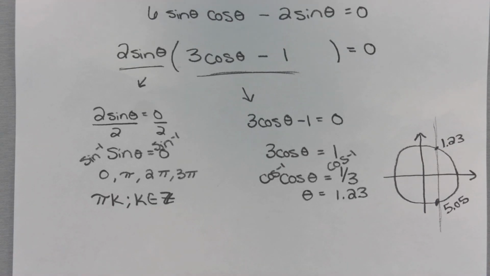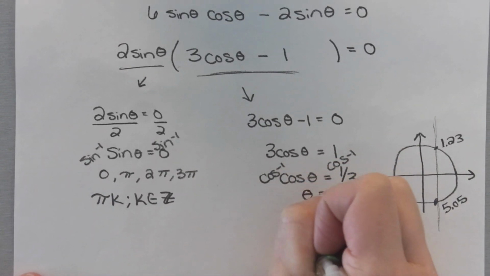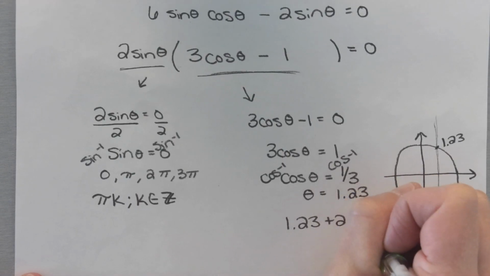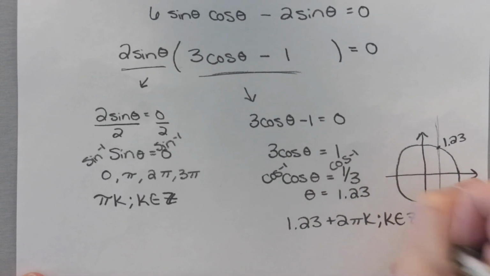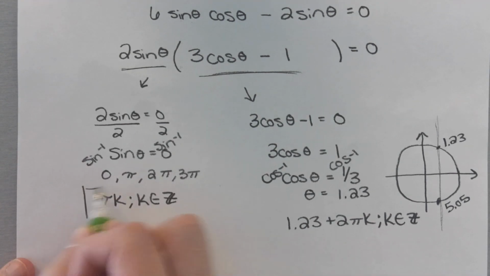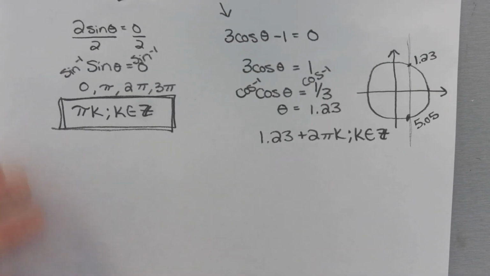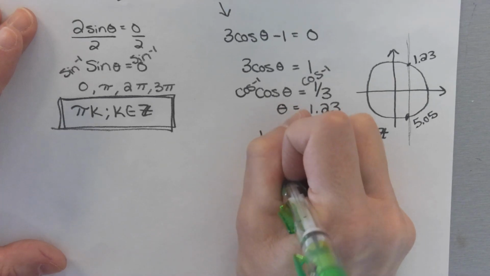Okay, so we have 2 more statements to write. What's one of them? 1.23 plus 2 pi k, where k exists in the set of integers. Let me box these in so I know where all my final solutions are, because I'm writing everywhere at this point. What's my other solution?